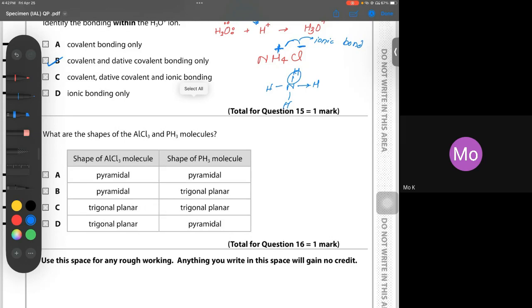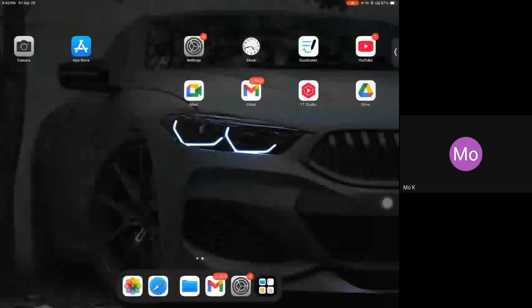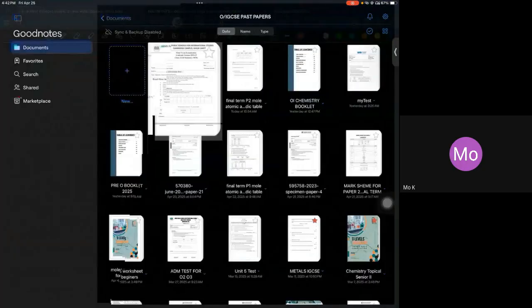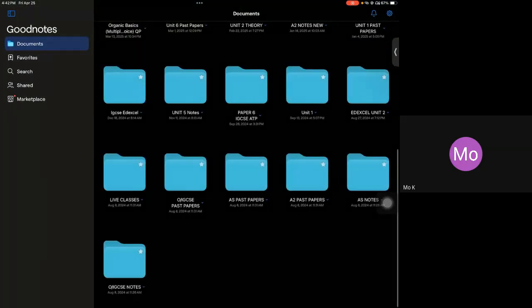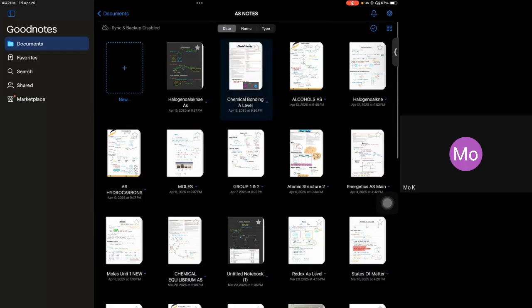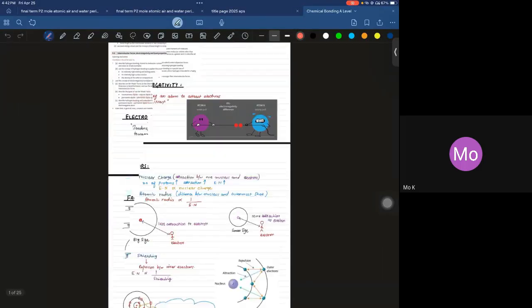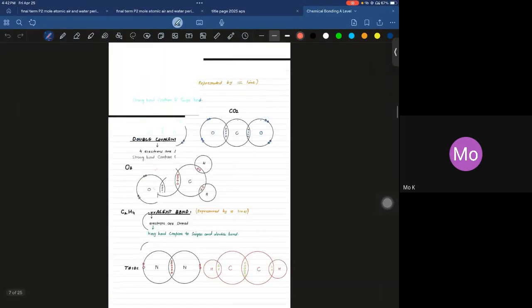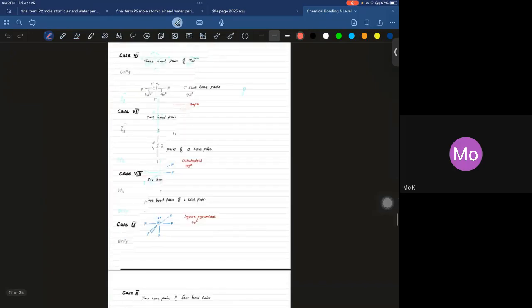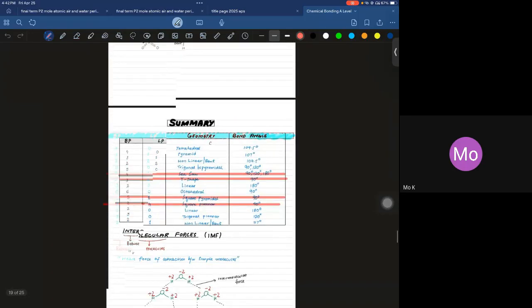Remember, in AlCl3, you need to memorize this. Let me tell you the notes of chemical bonding. You need to memorize this one.